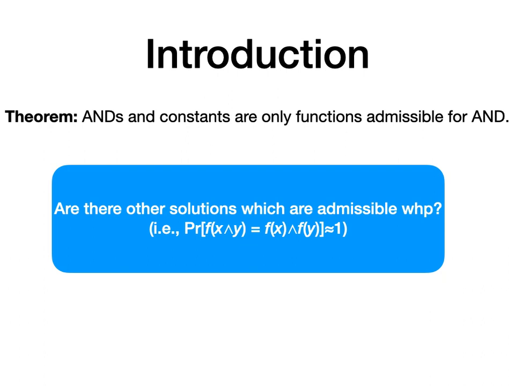What's natural to ask at this point is, can we find other solutions, maybe better solutions, by slightly relaxing the admissibility constraint? We no longer ask that f(x AND y) is always equal to f(x) AND f(y), but we just ask it to hold with high probability over random x and y.